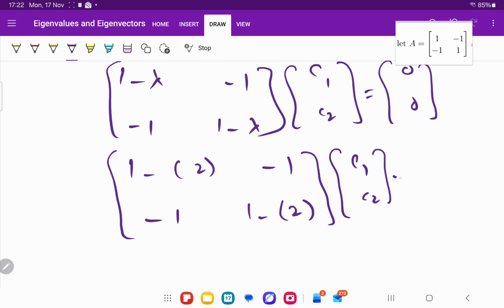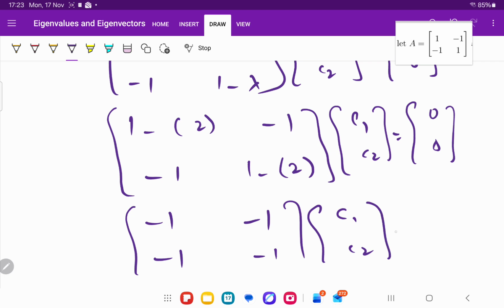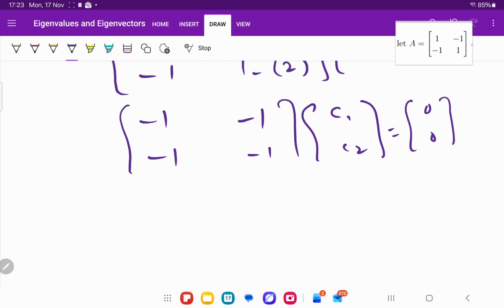C1, C2, 0, 0. So 1 minus 2 is minus 1, minus 1, minus 1. 1 minus 2 is minus 1. C1, C2 equal to 0, 0. Now we will write the augmented matrix again.